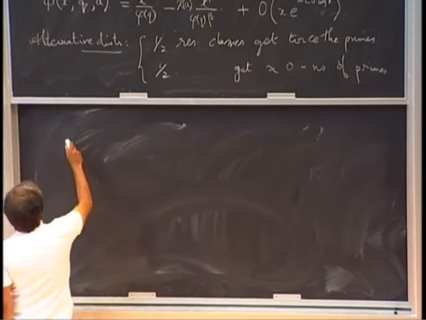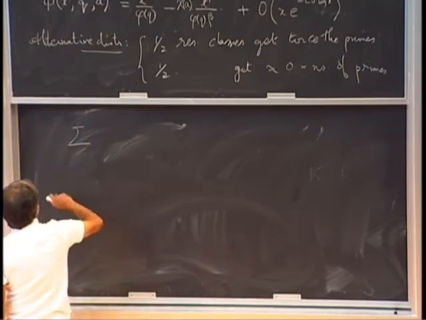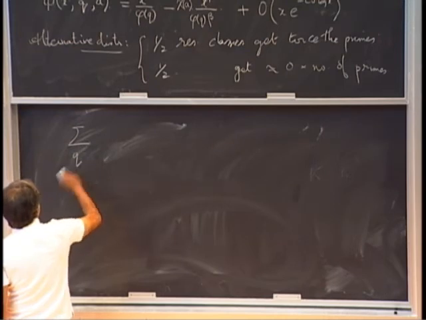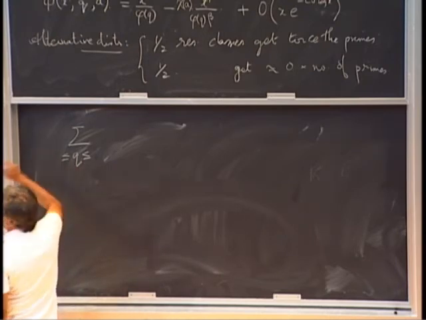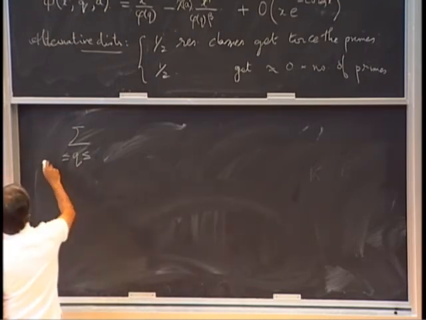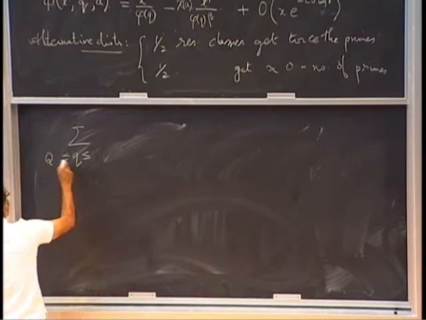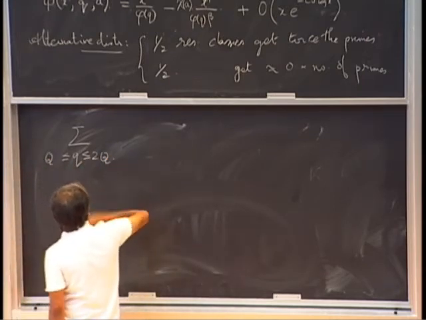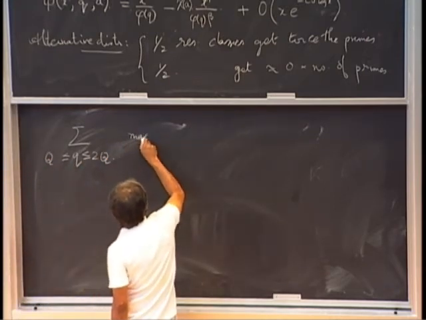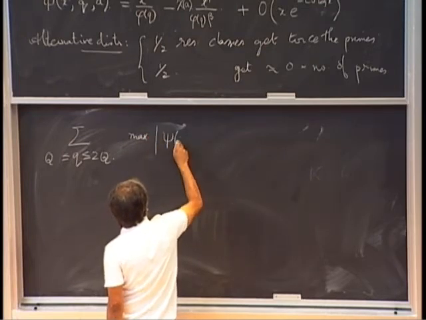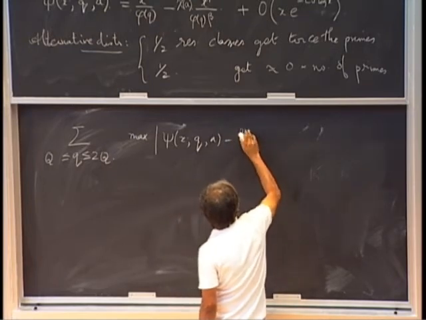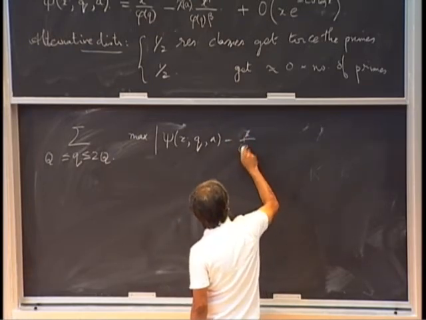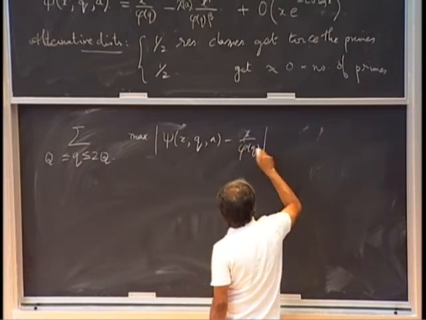You might ask, suppose I want to sum over progression moduli q, let's say between size q and 2q, right? And then I want to take the max of the sum of psi(x; q, a) minus the main term x over phi(q), right?